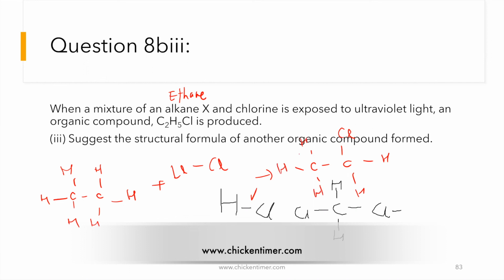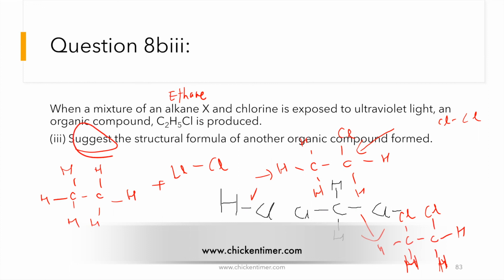Another reaction could happen when this product reacts with more chlorine. Then this will become Cl. You can have this. So this is one possible other product. If you write this, it's fine. You can have 3 chlorine, answer also fine because it's a suggest question. But there must be 2 carbon, because if it's only 1 carbon, it means you started with methane.